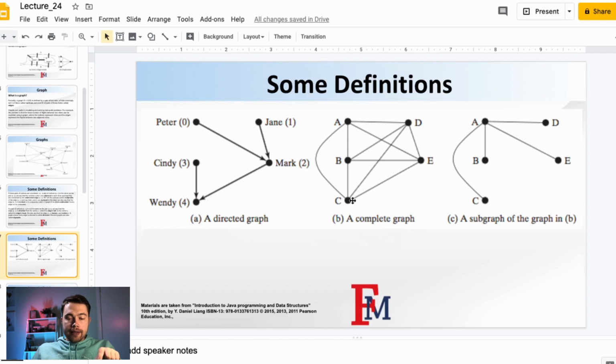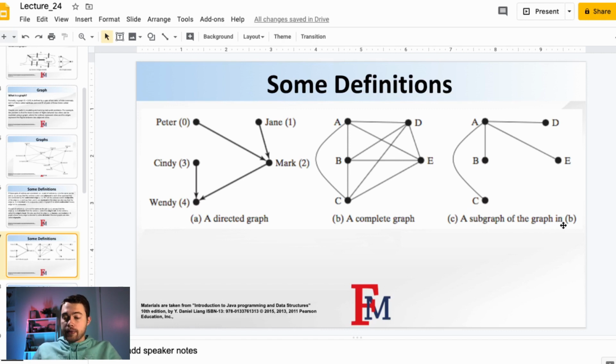For example, take any pair of vertices, like in this graph, I don't know, CA, CD, BE. There is always an edge. There is always something between them. No matter how hard you try to find two vertices which are not connected, you will not be able to. That's called a complete graph, when there is a connection between every two vertices.